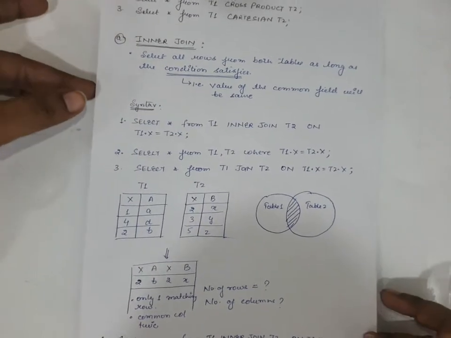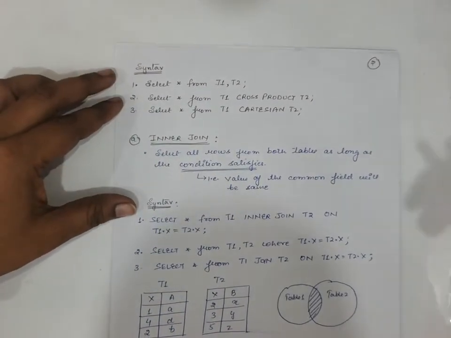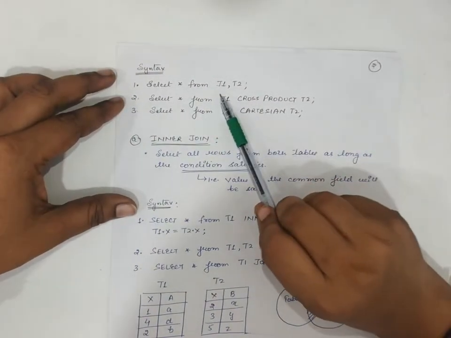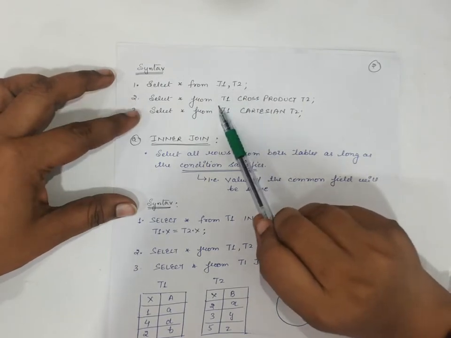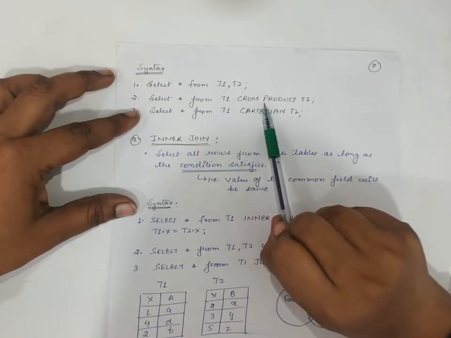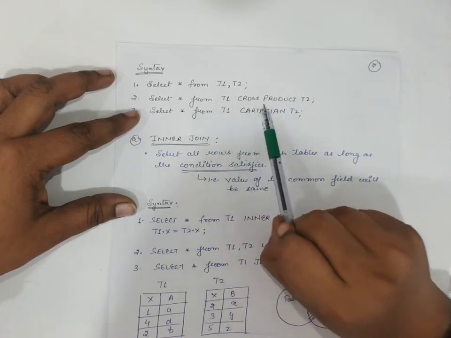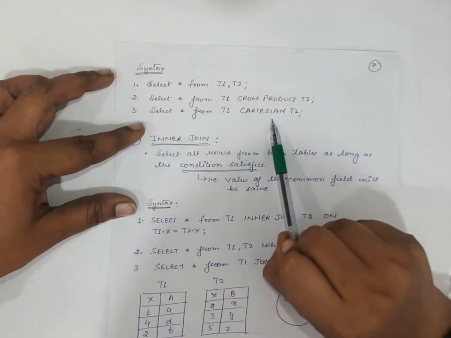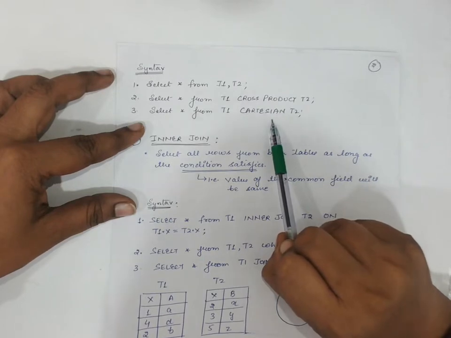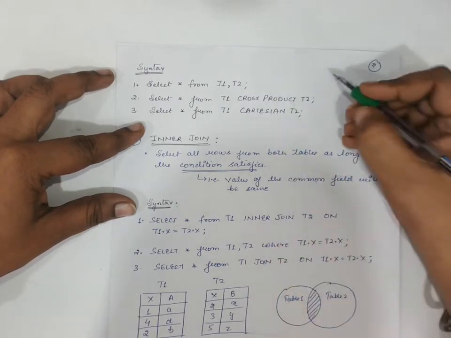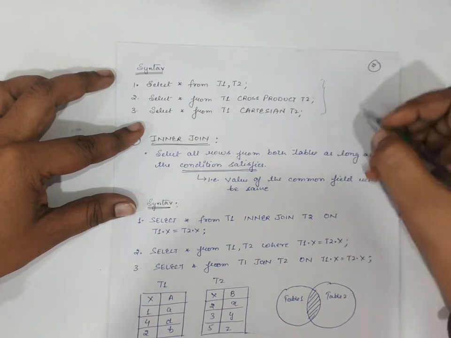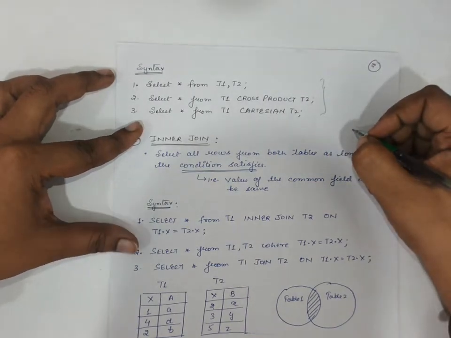There are several syntaxes for doing the Cartesian product. You can perform SELECT star FROM T1, T2. You can also write this query using CROSS JOIN. It depends on the software you are using. SELECT star FROM T1 CROSS JOIN T2. All the combinations will give the same result as we discussed.